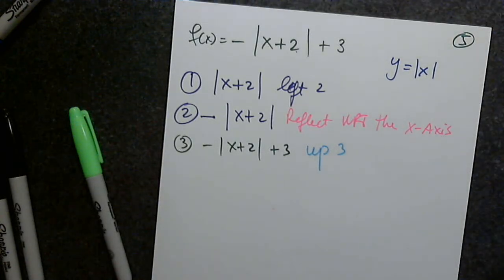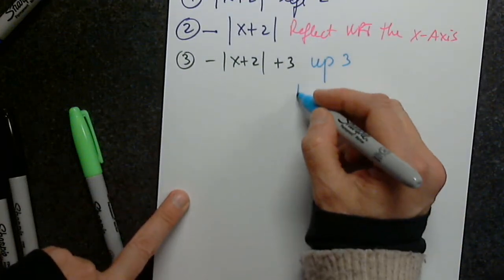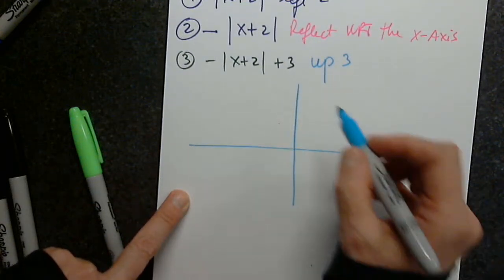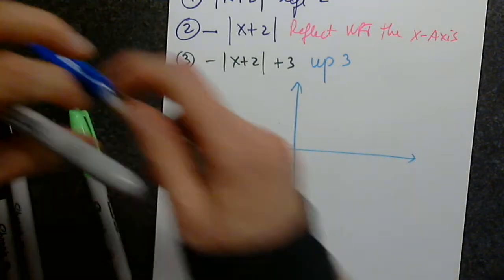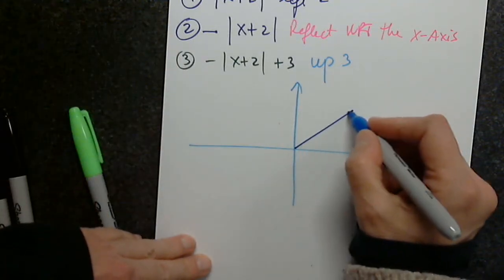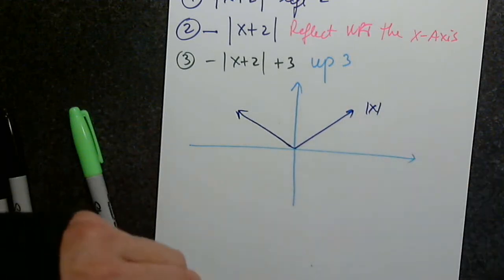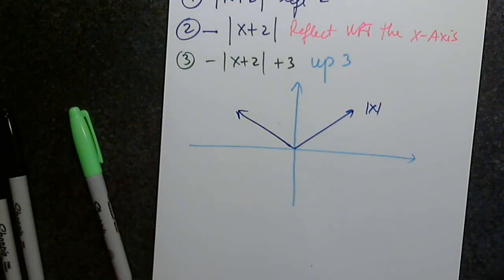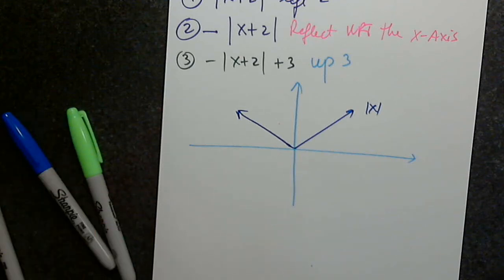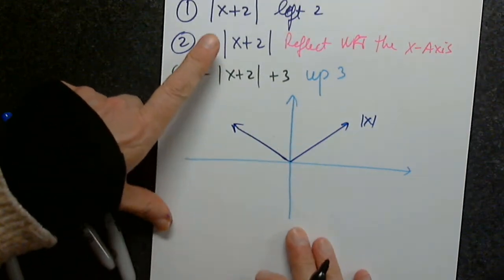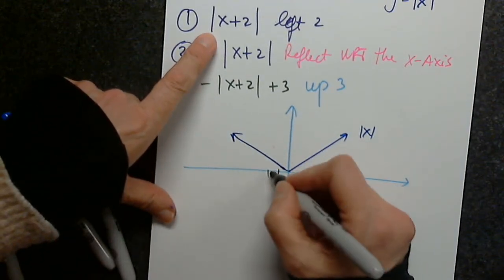Ready to graph this? Very good. So here is the base function, or basic function, the function that was used here. Then you told me to shift it to the left 2.